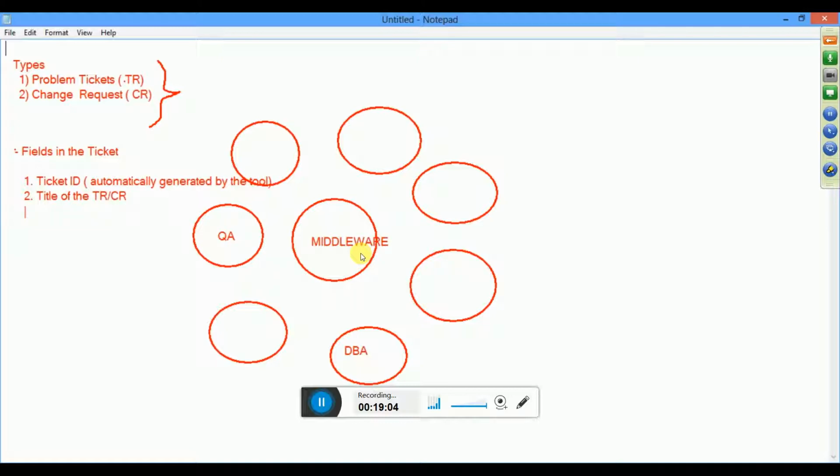You basically denote what the title is, just like when you are sending an email, you give the overall meaning of your email in the subject. So that is the title of the CR. Then the description. The description is what the problem is, when you received it, and how it can be reproduced. Then you will give steps to reproduce.